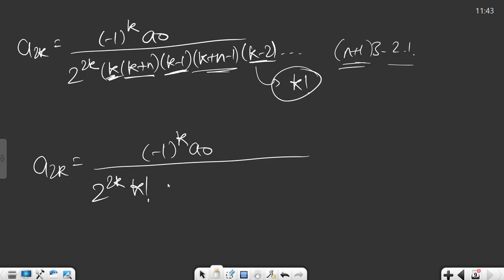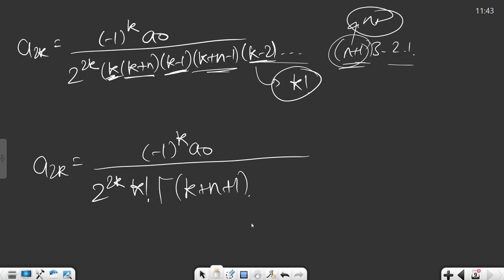And let's write this as gamma of k plus n plus 1. And did you notice, how would I write this down? This is not going up to 1 because this ends at n plus 1 only. So to neutralize that, I'm just going to multiply with gamma of n plus 1 and divide by gamma of n plus 1.